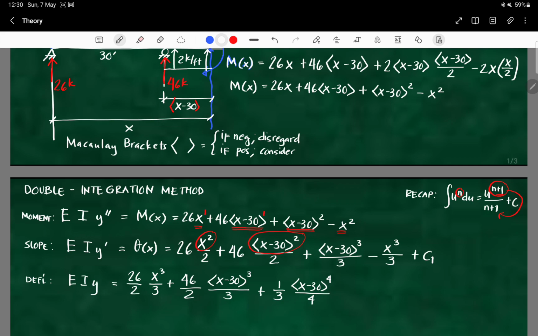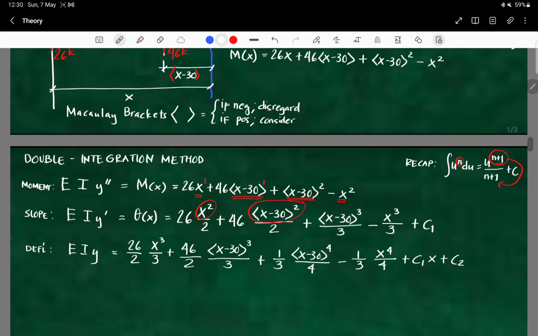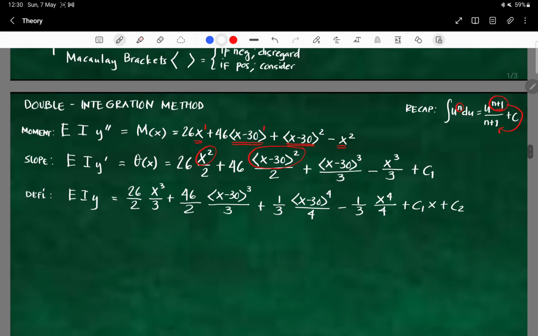Then, ibaba mo yung 4. And then, you have x cube, so that is x to the power of 4 plus 1. Wait lang. Ilabas ko muna yung constant. So, you have x 4 over 4. And then, you have c1x plus c2. So, ito na yung equation natin.